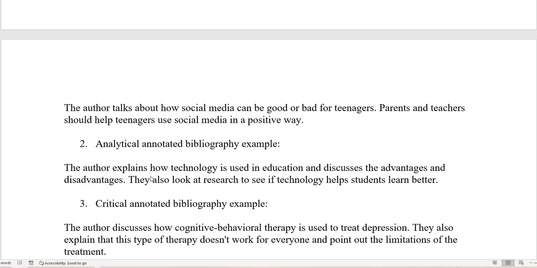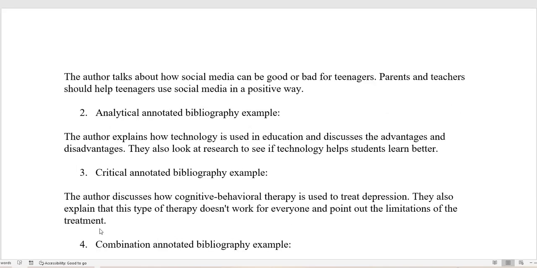So here the author explains how technology is used in education and discusses the advantages and disadvantages. They also look at research to see if technology helps students learn better. Critical annotated bibliography example: The author discusses how cognitive behavioral therapy is used to treat depression. They also explain that this type of therapy doesn't work for everyone and point out the limitations of the treatment.